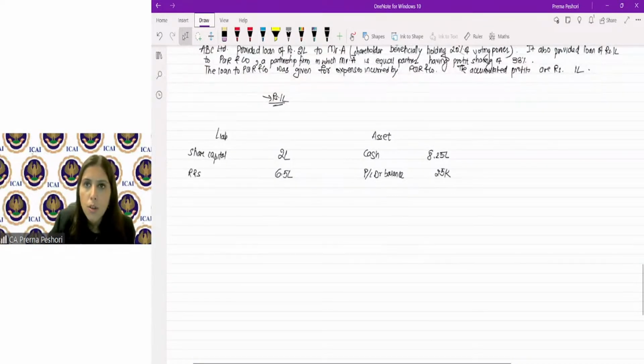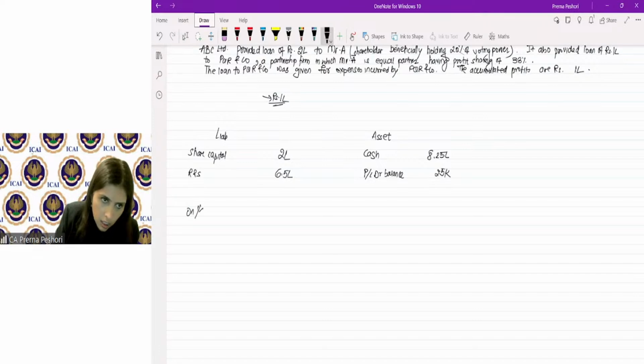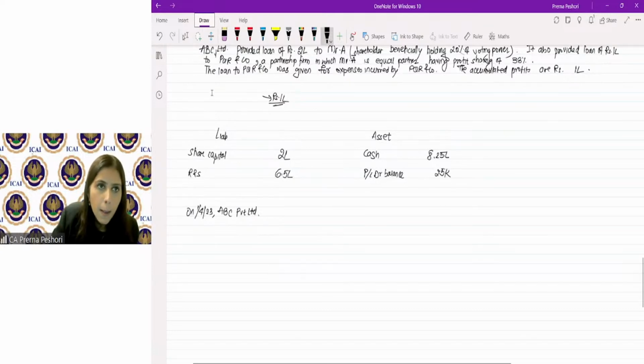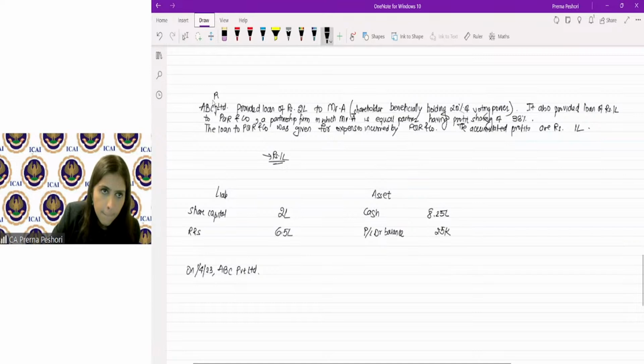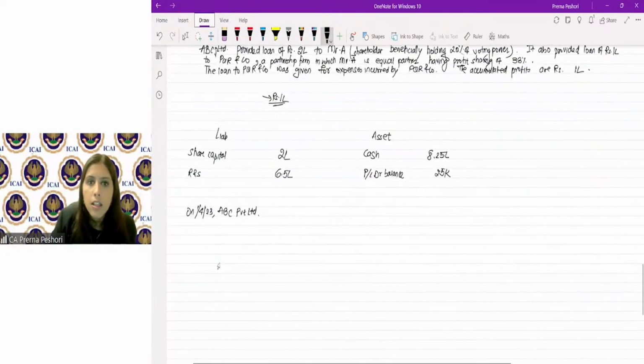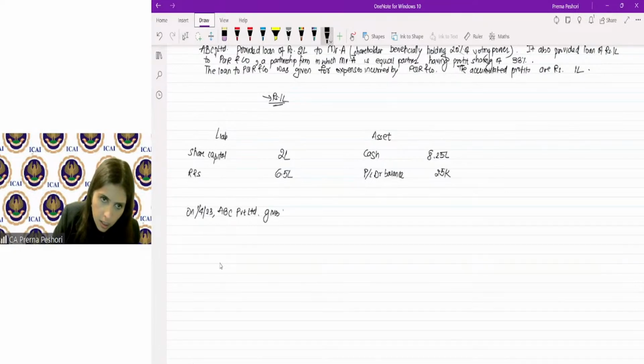So on 1/4/2023, ABC Private Limited, here also it should be ABC Private Limited, gives loan of rupees 2 lakh to Mr. A, holding 15% voting power.